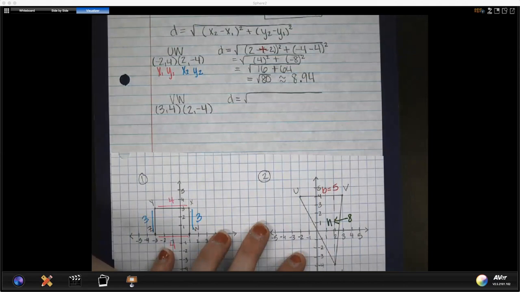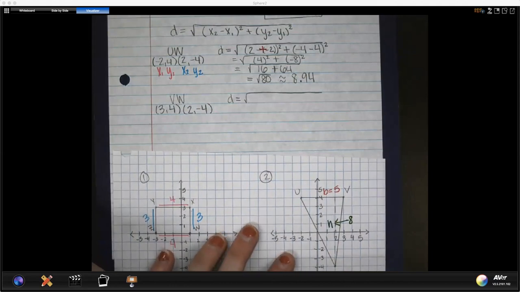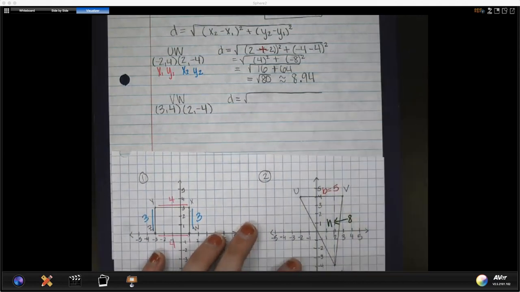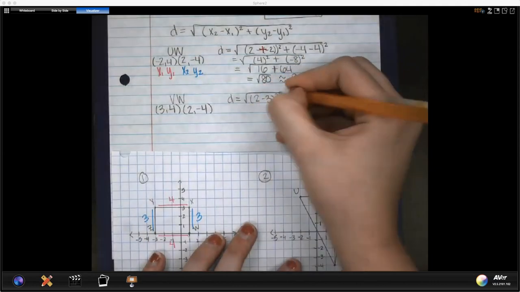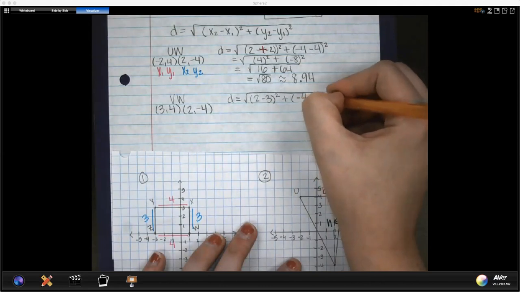Sorry, I was trying to enter my pass, but it has been working a little weird today. All right. So first you would have 2 minus 3 quantity squared plus -4 minus 4 quantity squared.